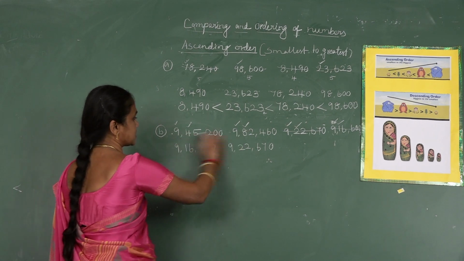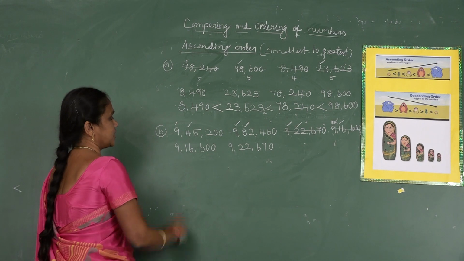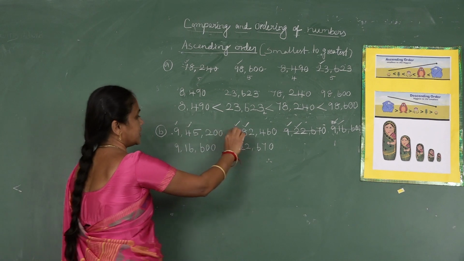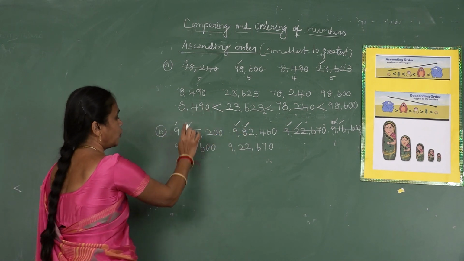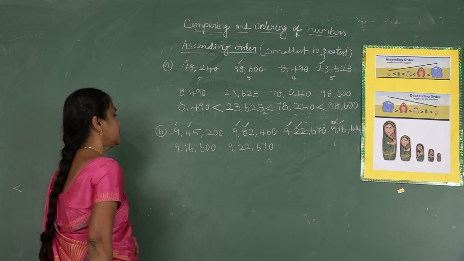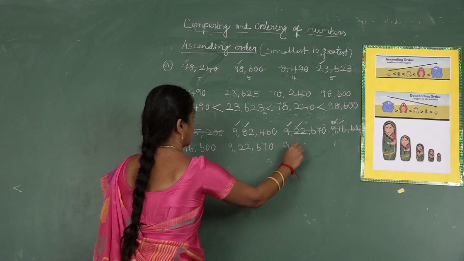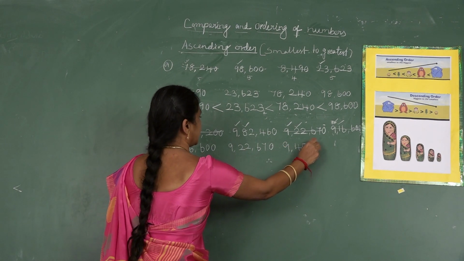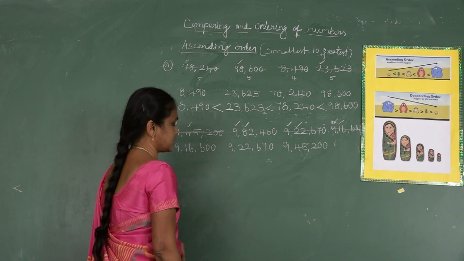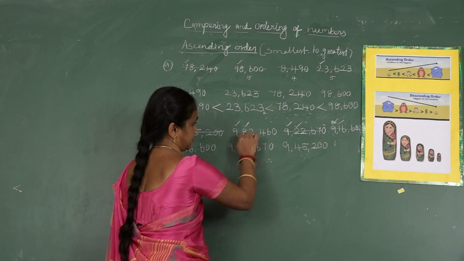In these two numbers, the lakhs digits are equal. In this number, 4 10,000s, 8 10,000s. The 4 10,000 is less than 8 10,000s. So we write 9,45,200 in the third place, and we write this number at last.